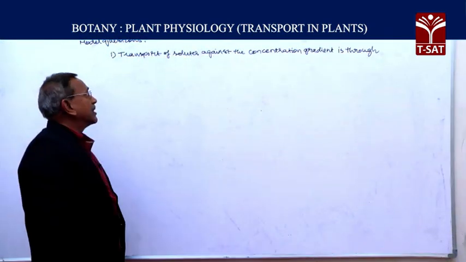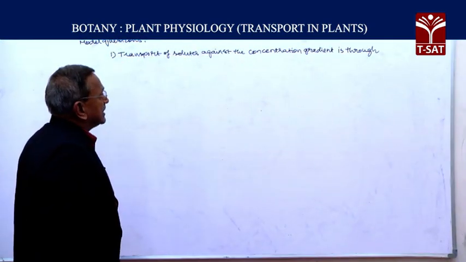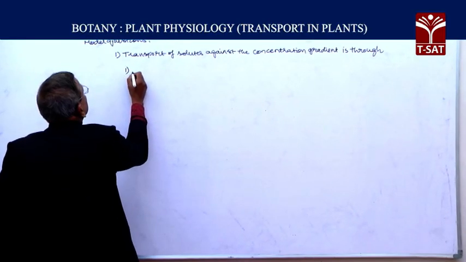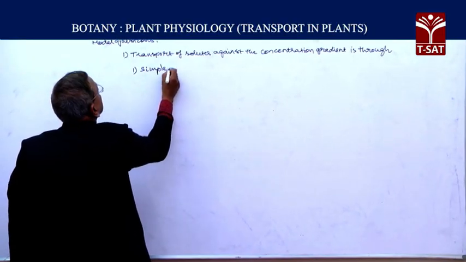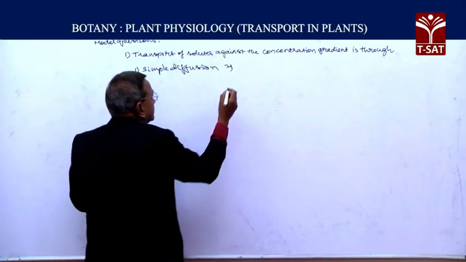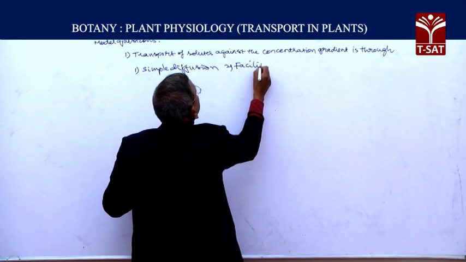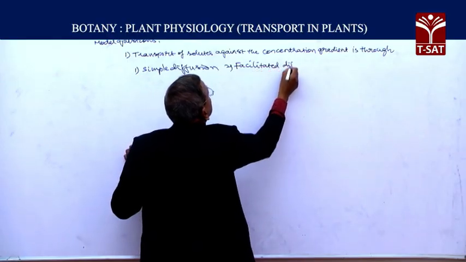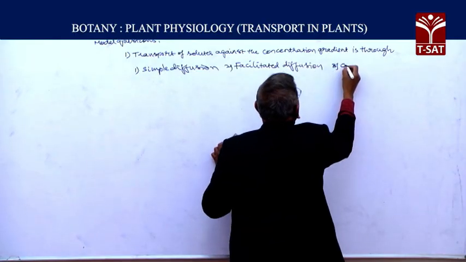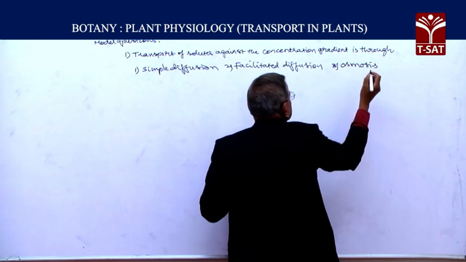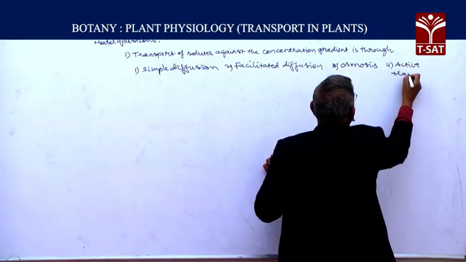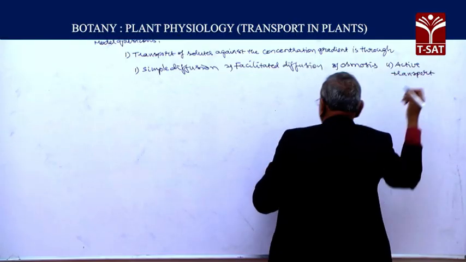Now let us consider some model questions. Transport of solutes against the concentration gradient is through what kind of means? Is it through simple diffusion, or facilitated diffusion, or osmosis, or active transport?